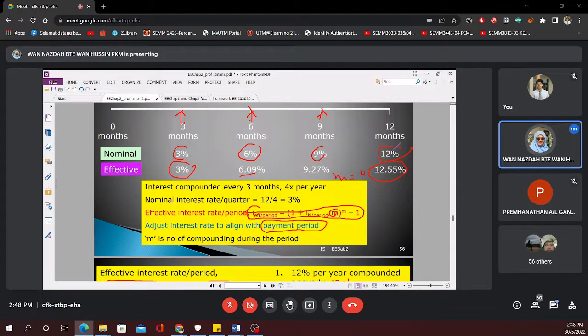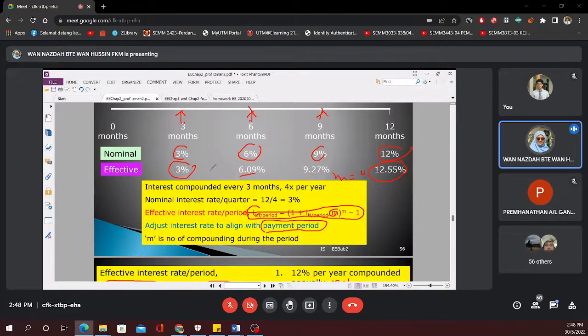But this is not the situation that is actually happening lah in this today's situation. What you will see actually, since the bank charges you the interest every 3 months, what we need to calculate is how much is the total of the interest, because you can't afford to determine for every 4 months.